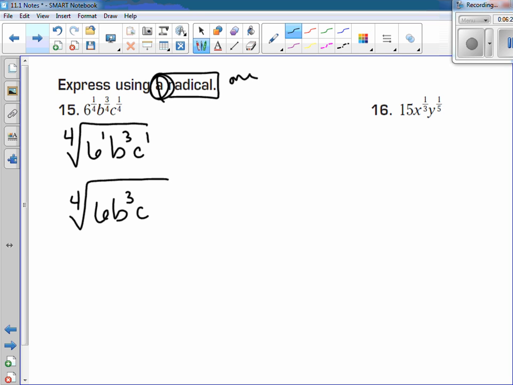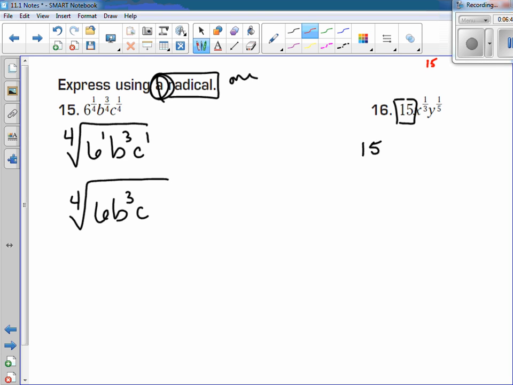On the second one, though, we can leave the 15 out of the radical because if you put it into the radical, you're going to end up taking that root anyway, you get back to 15. But for the exponents, I have 1/3 and 1/5. So I need one denominator. So the least common denominator is 15. So I need to multiply both of those fractions in order to get a common denominator.